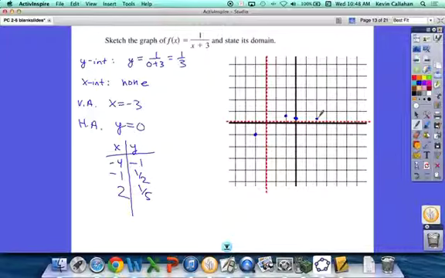Again, now understanding what is the graph going to do as it approaches the vertical asymptote? It's going to be veering off towards infinity, right? So we know that this graph, we could see these points where they're going. So let's just go like this. And then the other branch should be in this quadrant.